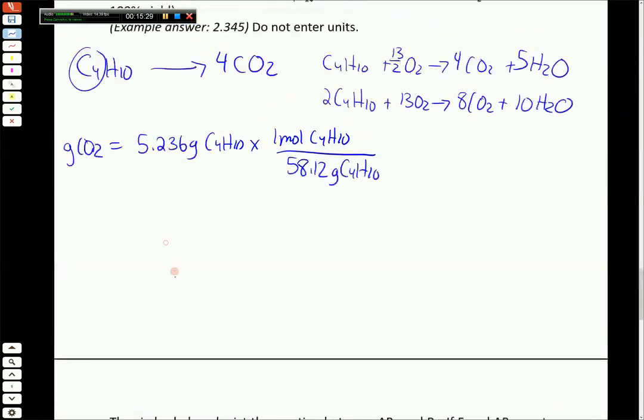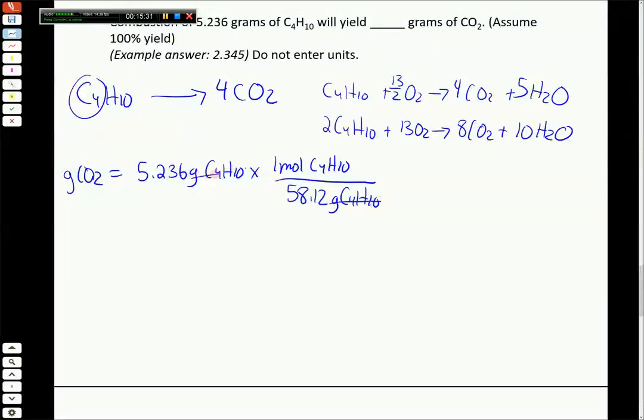Alright, so that gives us moles of C4H10, and then as we said, in a lot of different ways you can figure this out, that there should be 4 moles of CO2 for every 1 mole of C4H10. And then we're looking for grams of CO2, so this is a mass-to-mass question, so we have one last step, which is to convert the moles of the second substance back into grams using its molar mass.